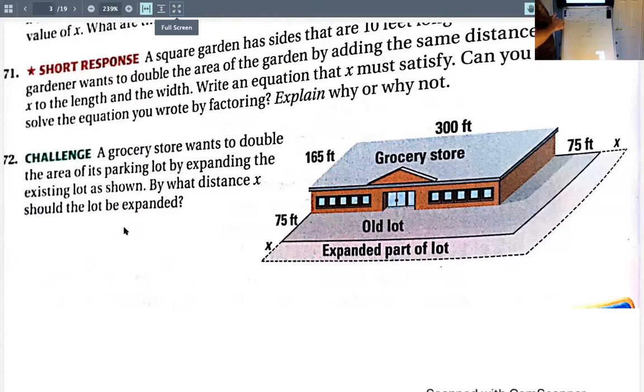Let's see. Okay, I got it. They want to double the lot, so now I know what I need. I need 81,000.